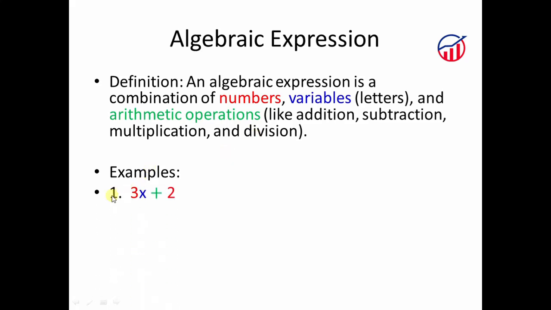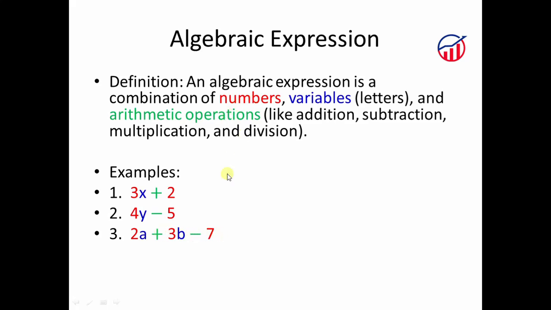Here this is an expression, 3x plus 2, wherein 3 and 2 are numbers highlighted in red. x is a variable, which are letters basically, and the addition sign is the arithmetic operation. Similarly over here you can see a combination of numbers, variables and arithmetic operations.